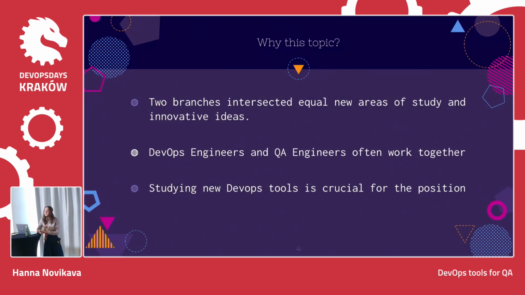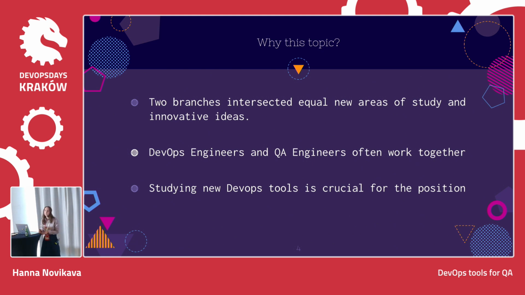Okay, why this topic? As a DevOps engineer, I work a lot with QA engineers and with developers. And my main idea is that when you try to create something new, something interesting, something creative, you should combine two areas, two branches of science or of a work area, in one.